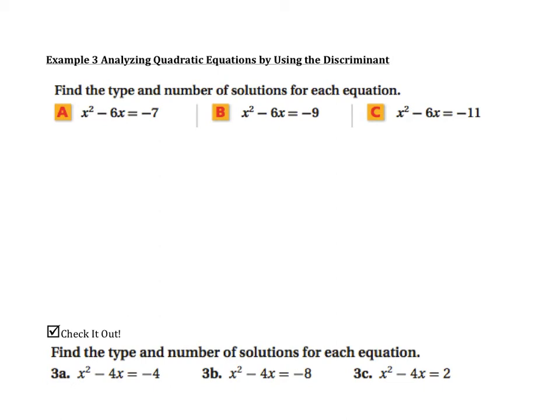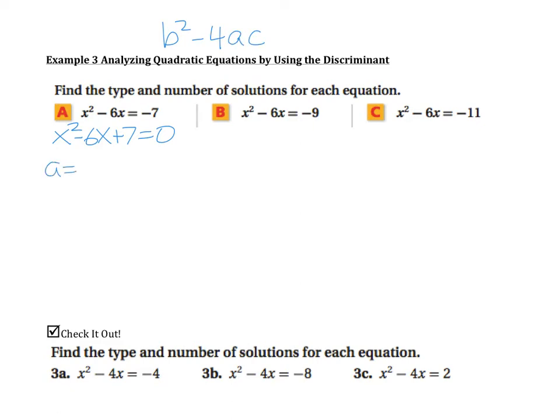So if we're going to analyze our equations by using a discriminant, we still need it to be in standard form. And then we're only going to look at b squared minus 4ac.